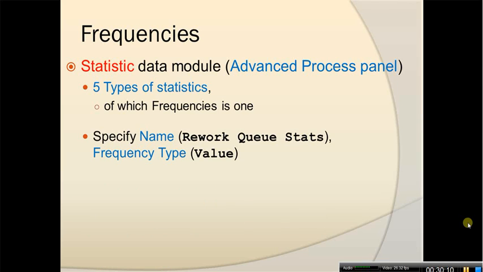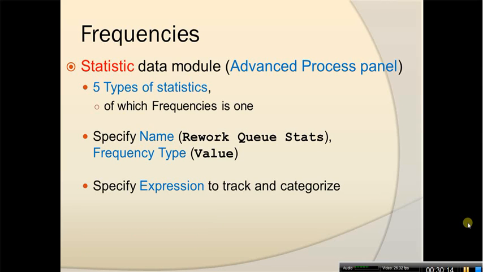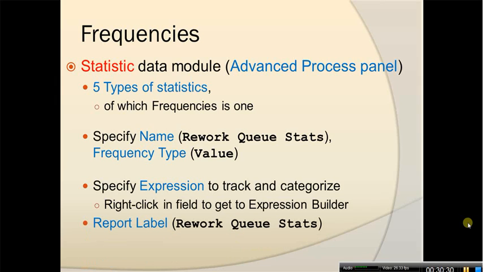We will specify the name and the frequency type, and we'll also specify the expression, to track and categorize how many racks we need. This expression is going to be similar to what we built before, so we'll do all that and have the report labels as well.